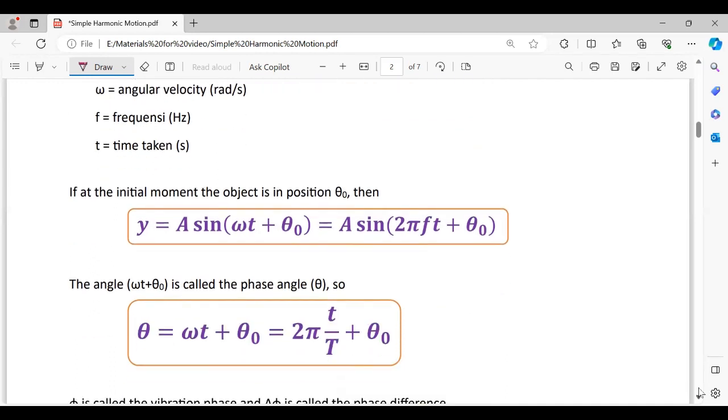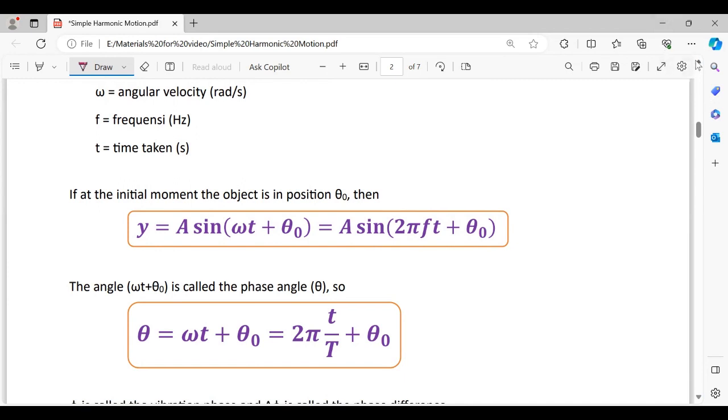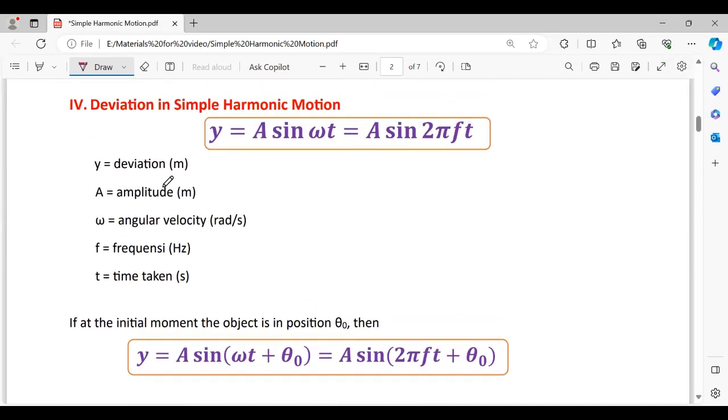The next formula: if at the initial moment the object is at position theta 0, then the deviation formula becomes y equals A sine omega t plus theta 0, or y equals A sine 2 pi f t plus theta 0.